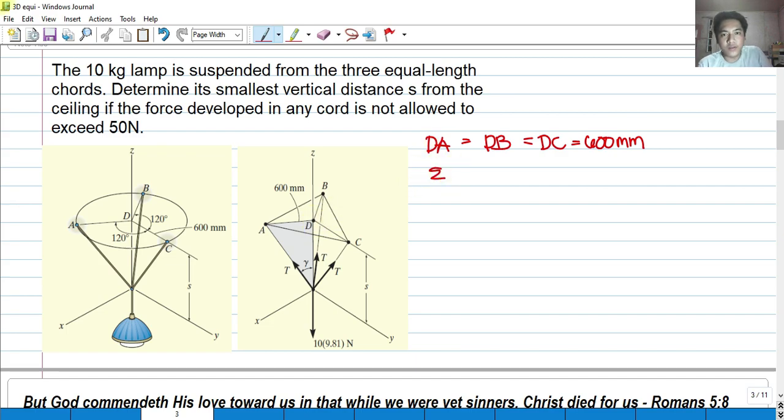Also, we have to take note that the summation of forces along X would cancel out each other. Why is that so?